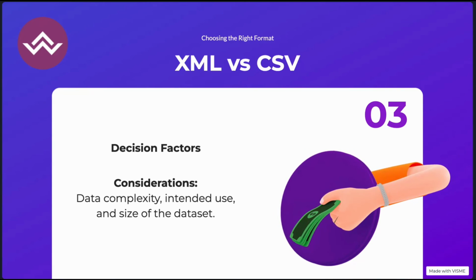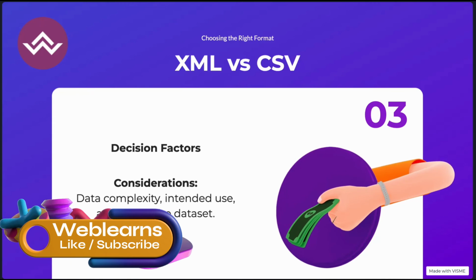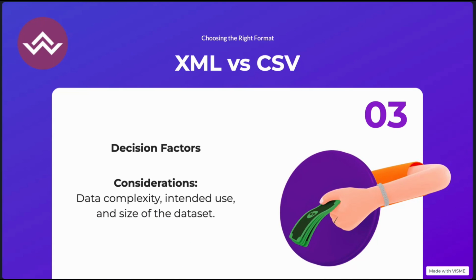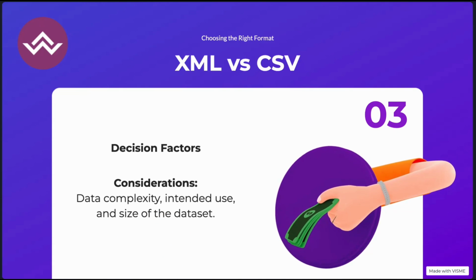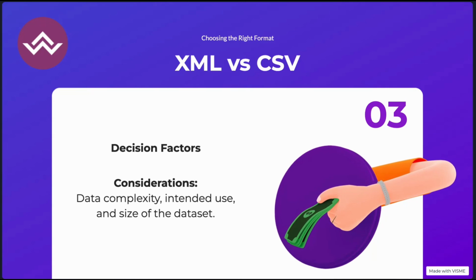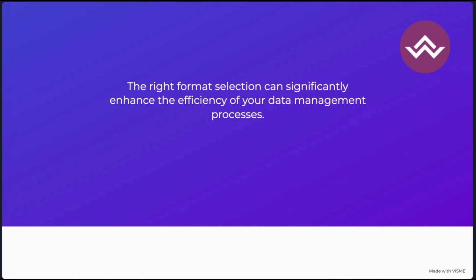I'm not saying XML is good or CSV is good. Both have a different purpose. If you have a complex data structure, go with the XML file. If you have a very simple data structure, then you can go with the CSV file. So this is the main difference between these two files.